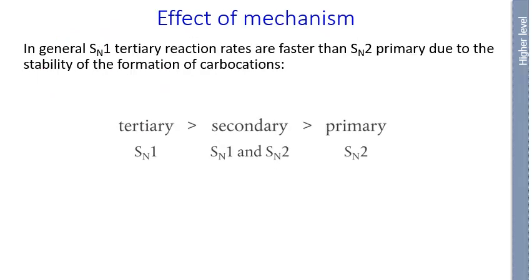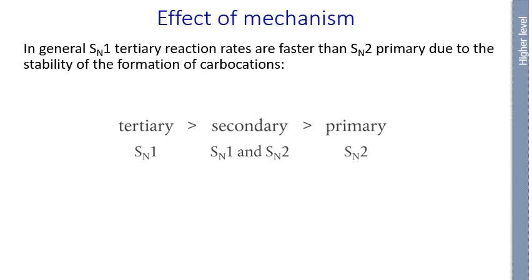We've also got the effect of the mechanism. In general, SN1 tertiary reaction rates are faster than SN2 primary due to the stability of the formation of the carbocations, as we've just discussed. The class of halogenoalkane has a direct effect on the rate of formation of the carbocation, and hence the overall rate of reaction, because a tertiary carbocation has a greater stability than a primary carbocation due to the inductive effects of the alkyl groups bonded to that central carbon.